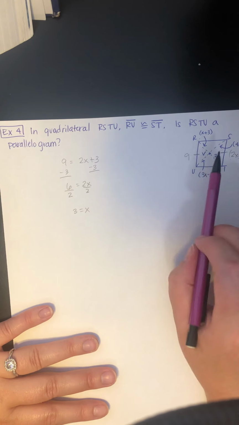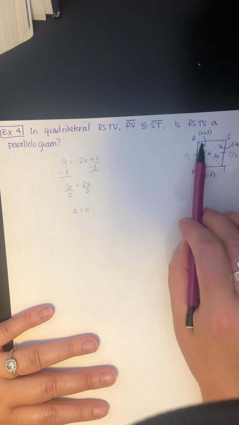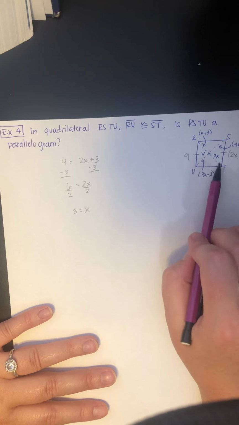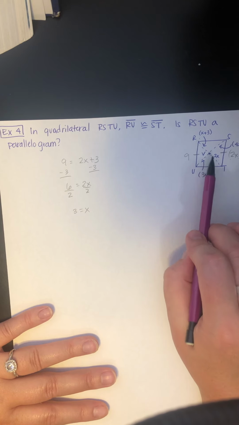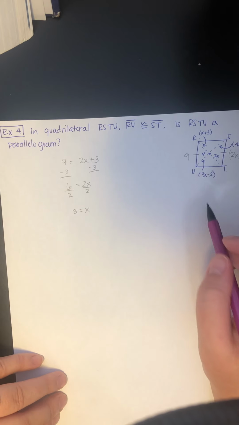Now, we're going to substitute x in here so we can find the length of these lines right here. The diagonals, they're cut in half right here. If they are congruent, so if RV is congruent to VT, then this is a parallelogram.